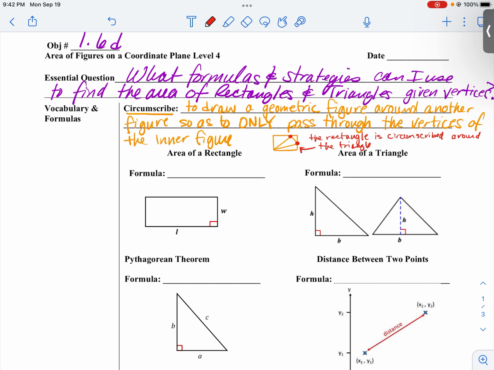Notice that it only touches the triangle at its vertices.